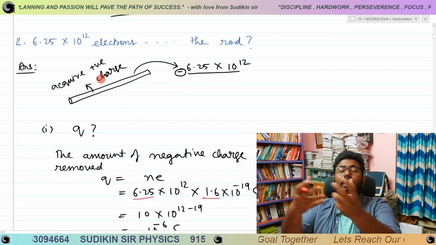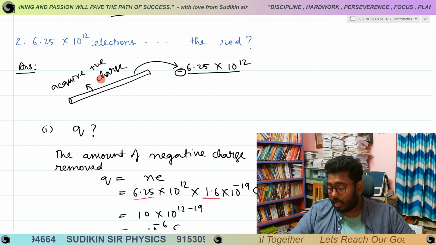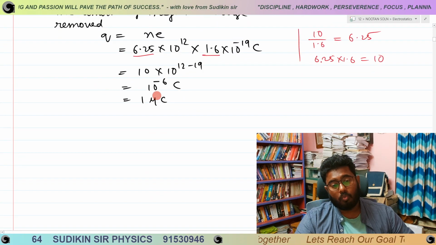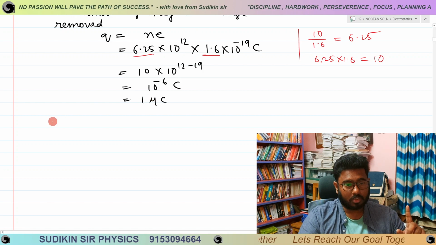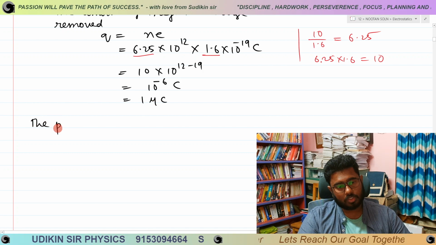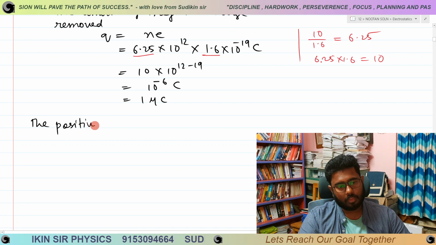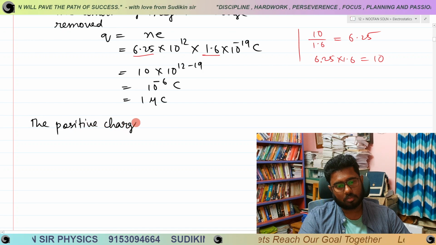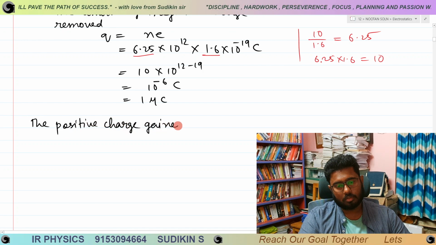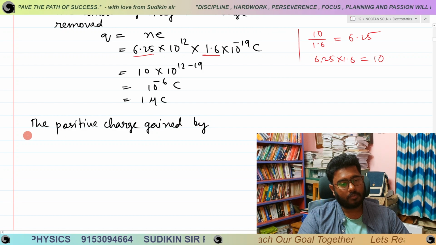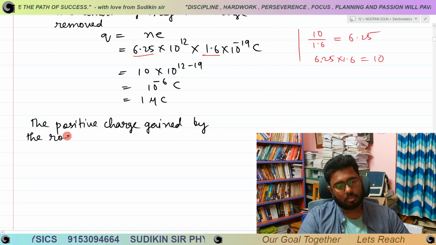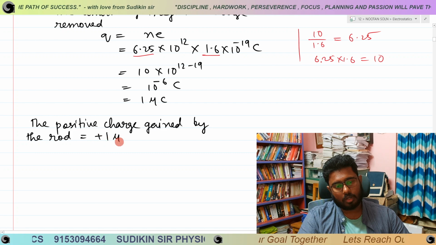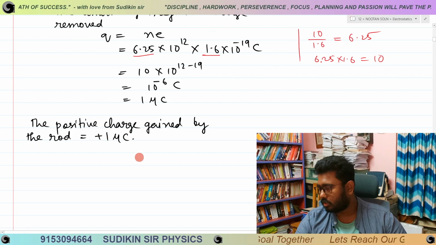The amount of negative charge that it has lost. According to this question, it has lost 1 microcoulomb equivalent of negative charge. So the positive charge gained by the rod is plus 1 microcoulomb. This is your first answer.